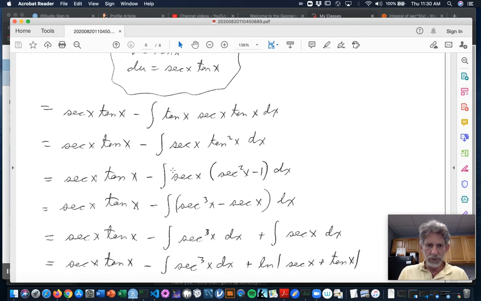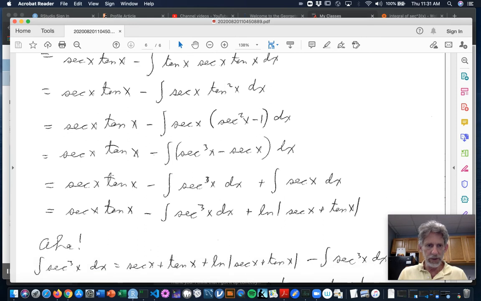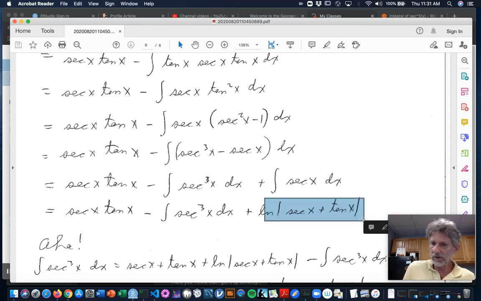And so then I'll multiply the secant x through here, and I'll get secant cubed minus secant. I'll break those integrals up, and so far I've got my secant tangent minus the integral of secant cubed plus the integral of secant. Hey, integral of secant, we know that's log of absolute value of secant x plus tangent x. We figured that out in the last example.